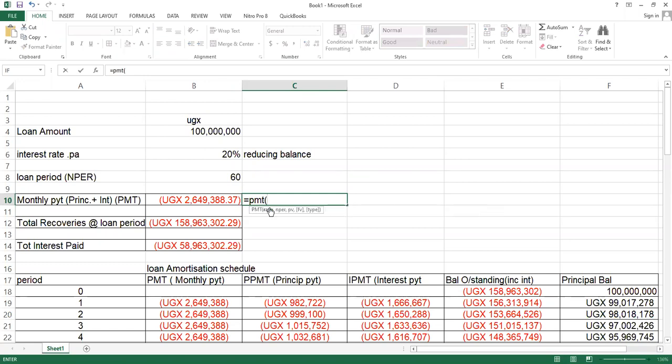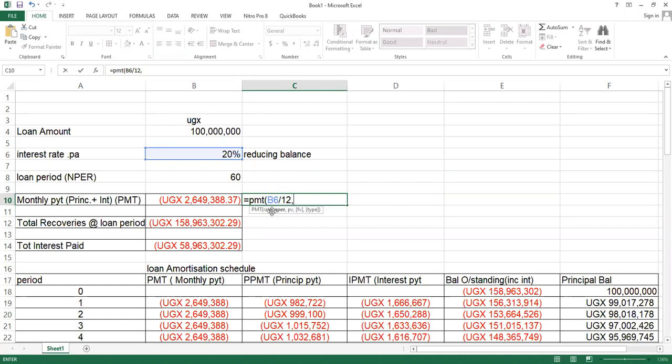It is going to ask for the rate. So the rate is 20%. You divide this by 12 because we are looking for the monthly, and yet the 20% is annual. Then from there, you put a comma.